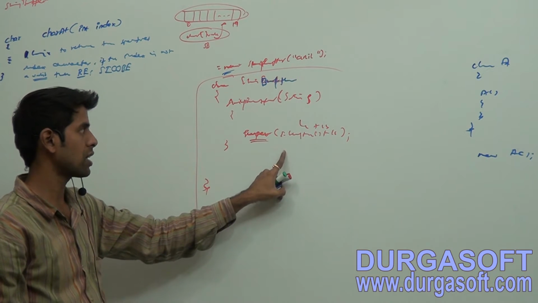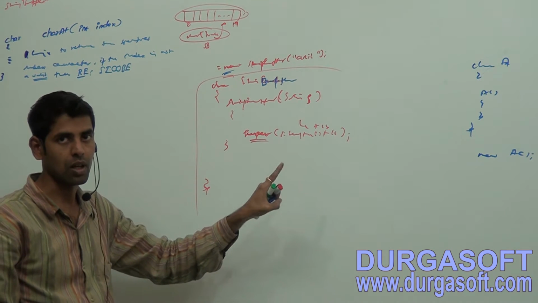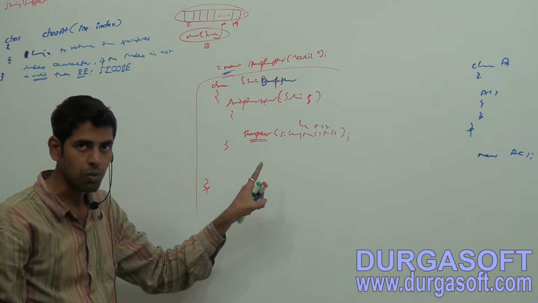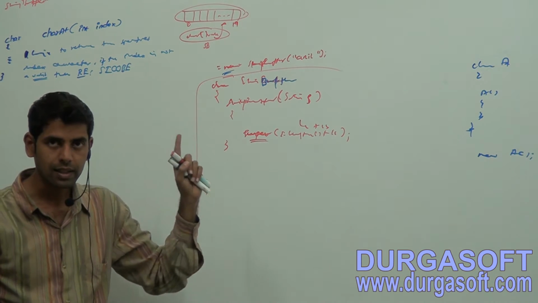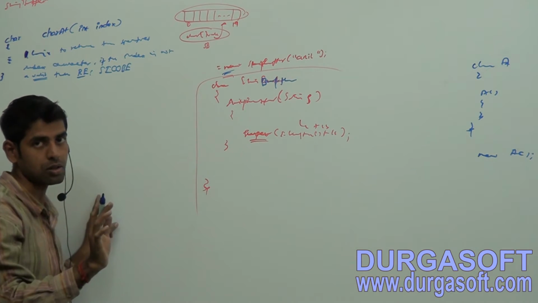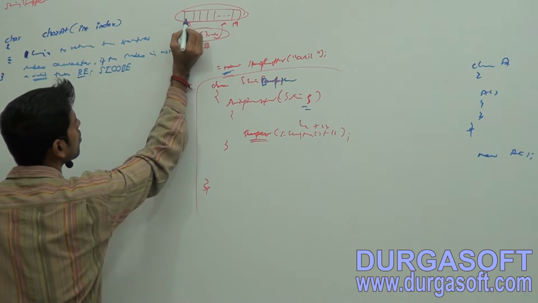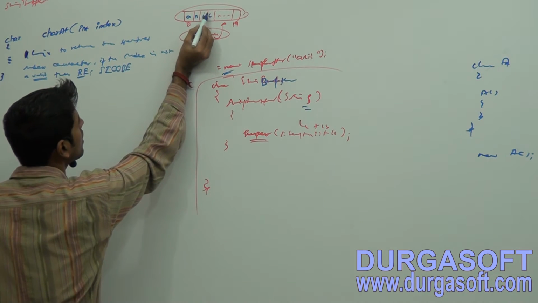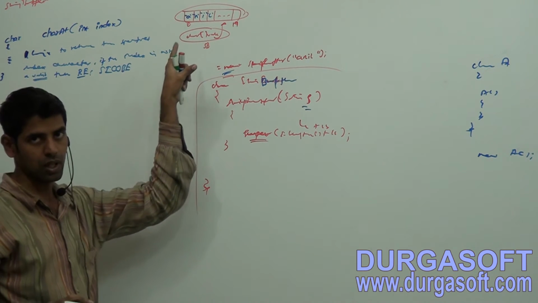Within this constructor, s.length plus 16 is passed as an argument to the parent class constructor. That's why the capacity is 20 blocks, and the string ANIL is stored here. This is the reference.